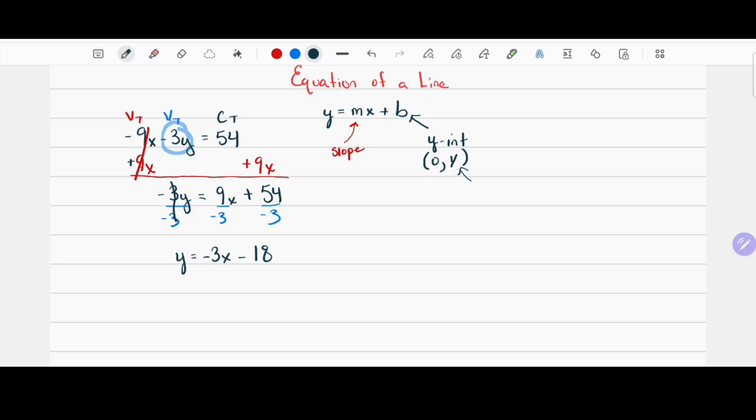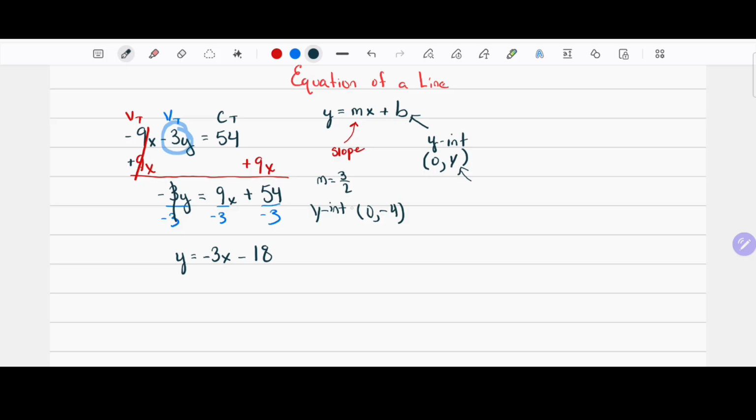So, for instance, if I had a line whose slope was 3/2 and my y-intercept was (0, -4).